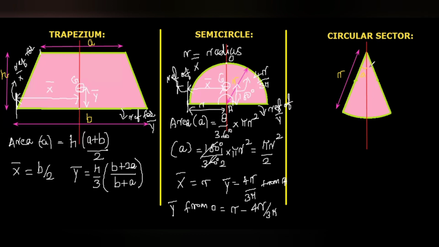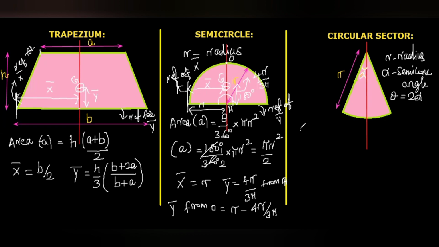Then the circular sector has the semi-cone angle alpha. r is the radius, alpha is the semi-cone angle. The angle made by the circular sector, theta, will be 2 times alpha.